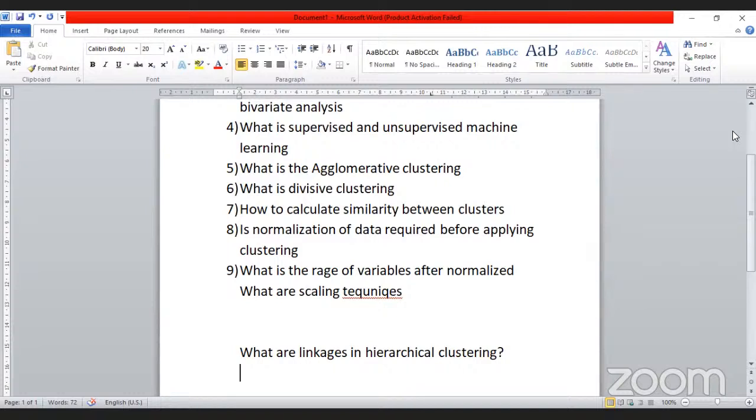Nearest data point from cluster A to cluster B. Complete linkage means it will consider the longest distance from cluster A to cluster B. And average linkage means it will take the average of each data point from one cluster to the other cluster, the average of cluster A data points to the average of cluster B data points.